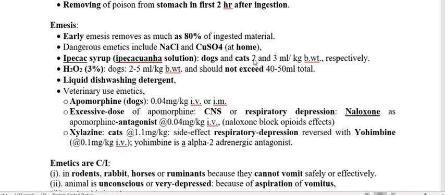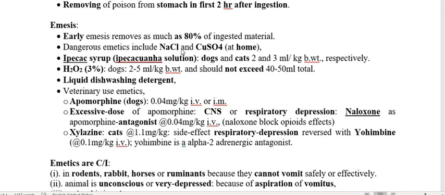That means for dog 2 ml per kg body weight, for cat 3 ml per kg body weight we have to give. This is important, and this is rather safer than the sodium chloride and copper sulfate solution. These two are usually present in homes.